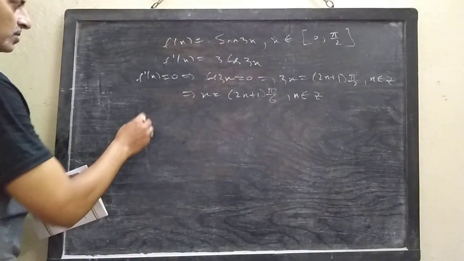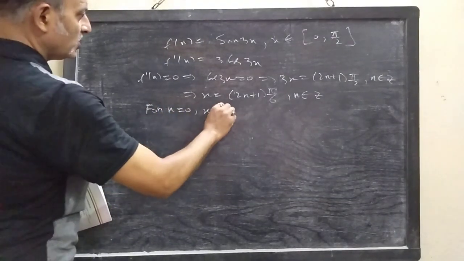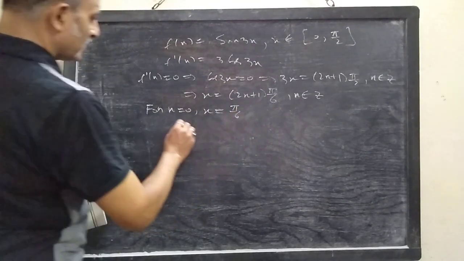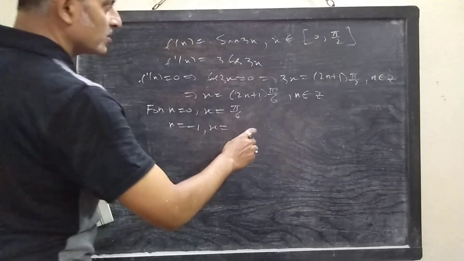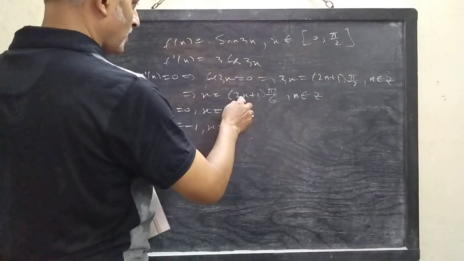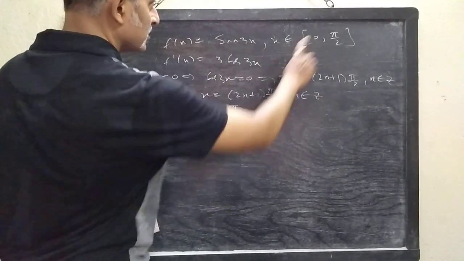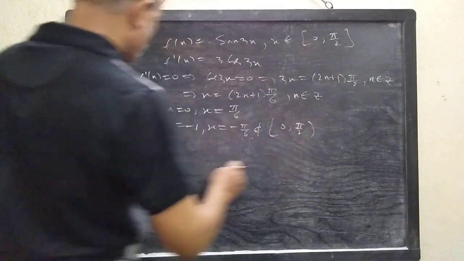So for n equals 0, you get x equals pi by 6. For n equals minus 1, you get x equals (2 times minus 1 plus 1) into pi by 6, which is minus pi by 6. This doesn't belong to your domain, 0 to pi by 2 closed.